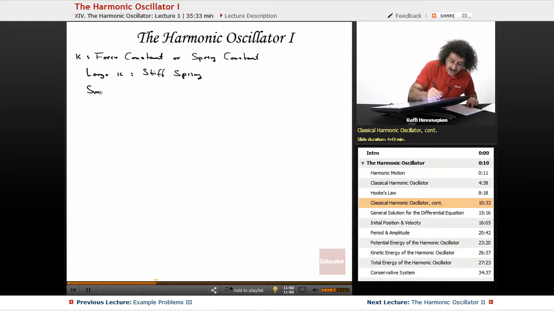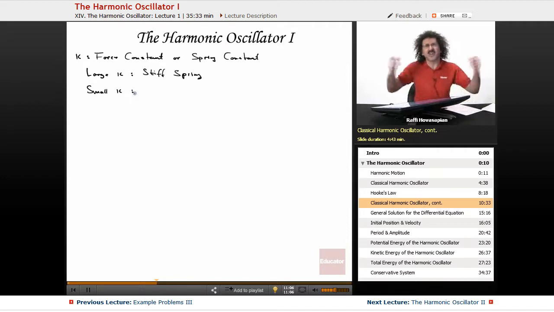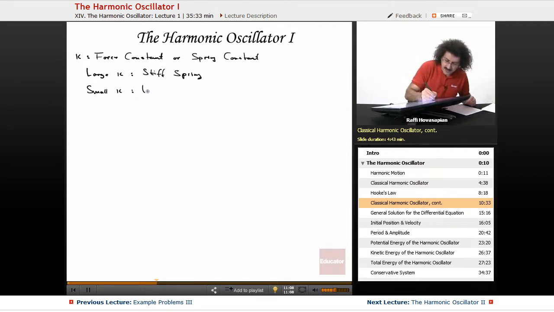And a small k means you have a very loose spring, very easy to push and pull. That's it. Okay, so we have F equals minus k times s minus s0.